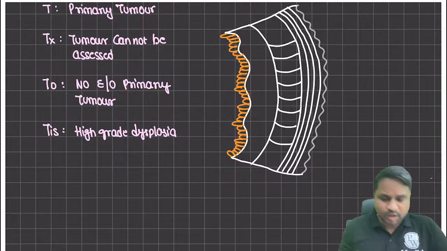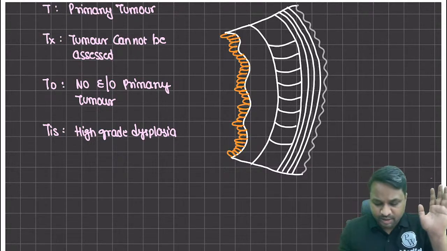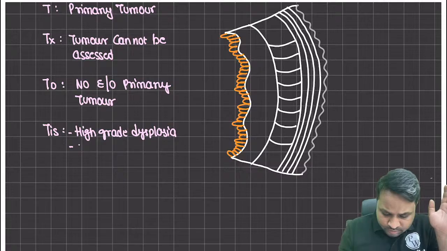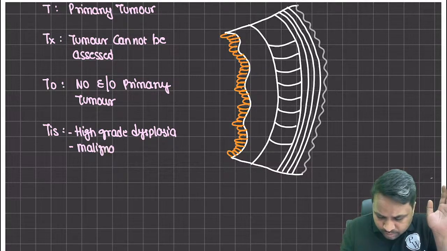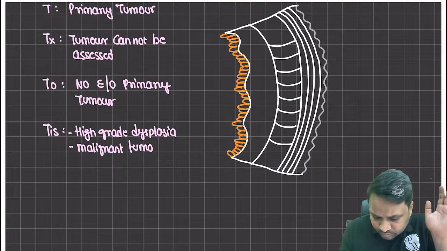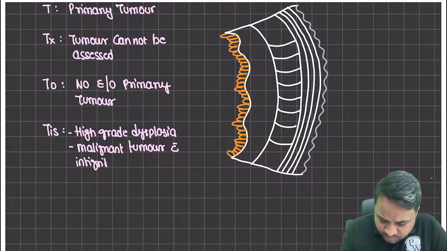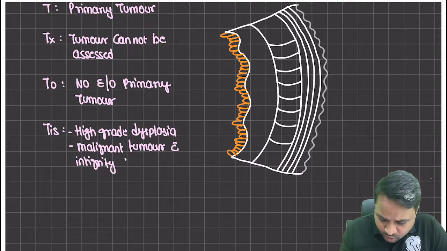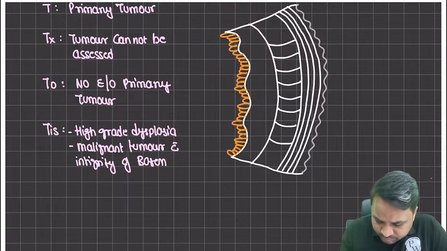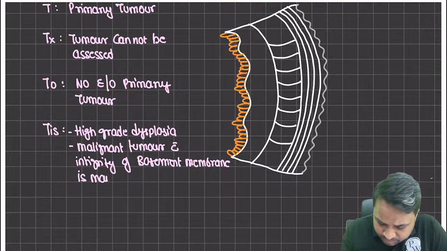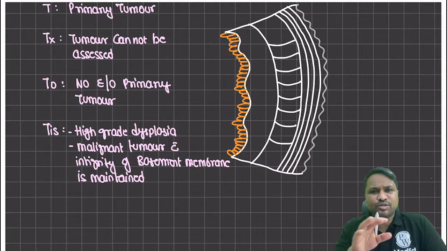Now if you have a tumor that is confined to the epithelium, either a high grade dysplasia or a malignant tumor, with the integrity of the basement membrane maintained, that means it is not invading the basement membrane.